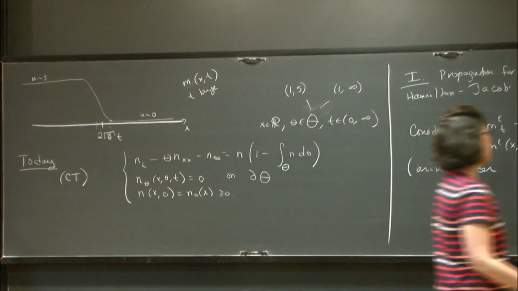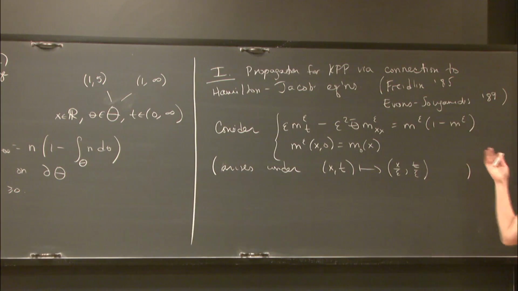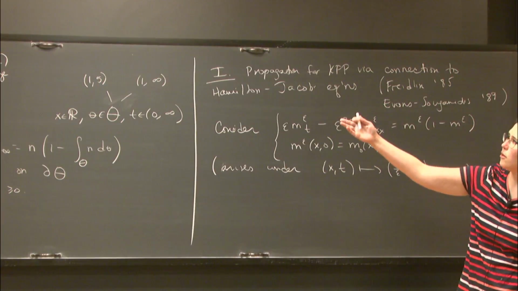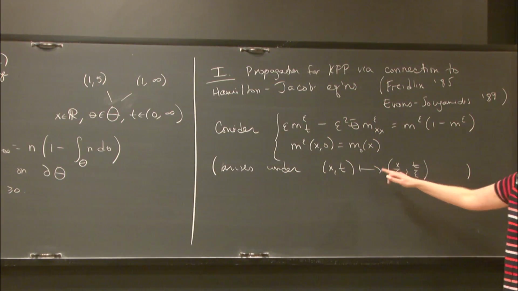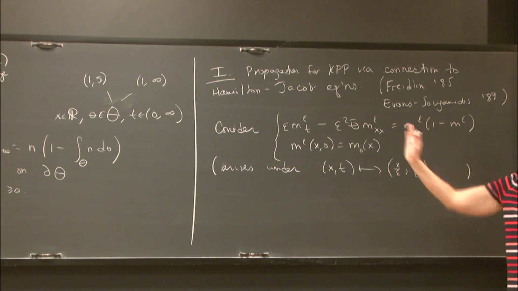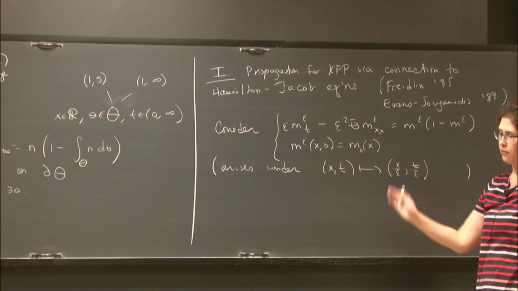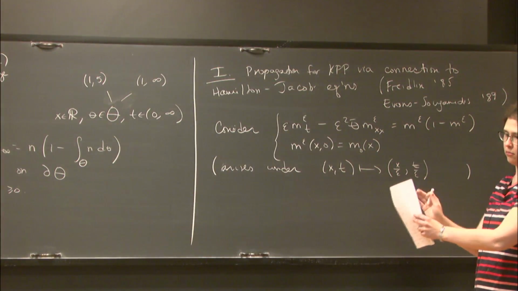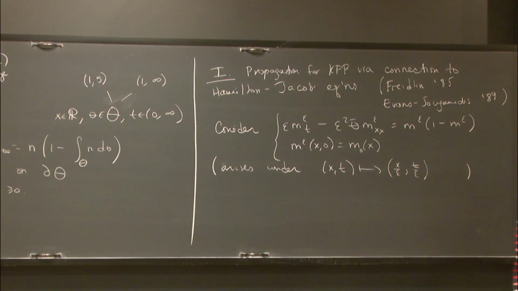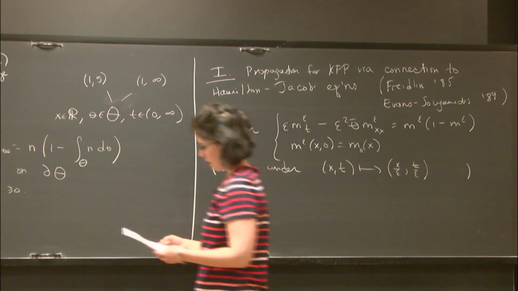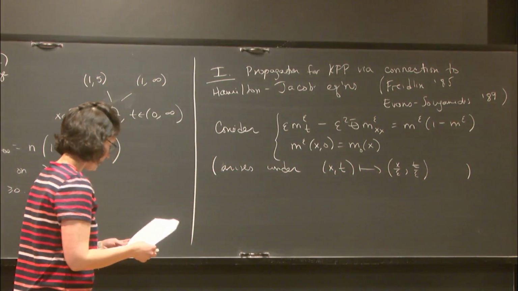You can think of it as a related problem, or you can think they are the same, but the initial data m0 is invariant under x going to x over epsilon. Maybe it's the indicator function of the negative half line, and you're really looking at this invasion front. But I don't want to say more about that.